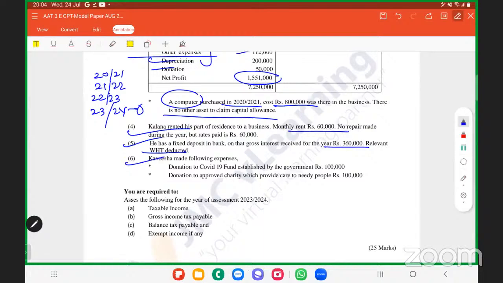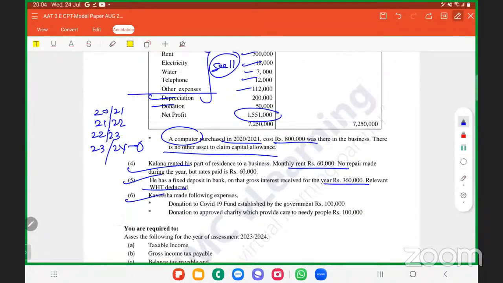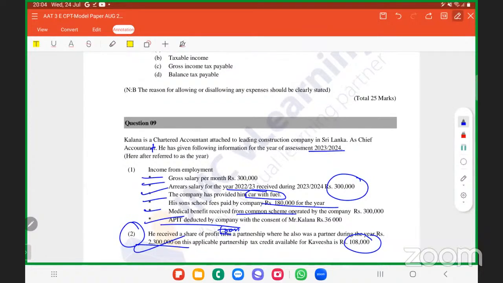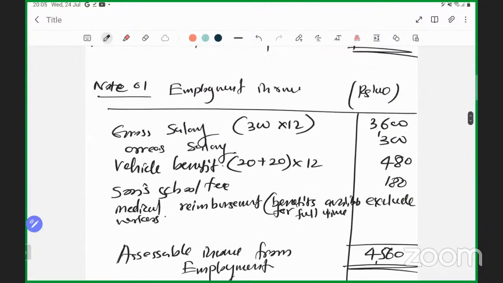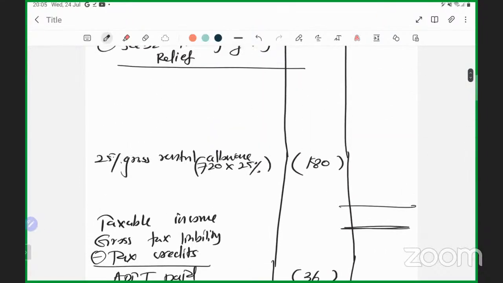In addition to that, the colonel made the following expense: a donation to the COVID-19 fund established by the government, 100,000, in cash. The COVID-19 fund is a government fund. Therefore, the donation to the COVID-19 fund you can deduct as a qualifying payment.